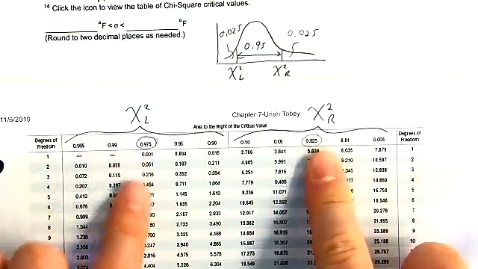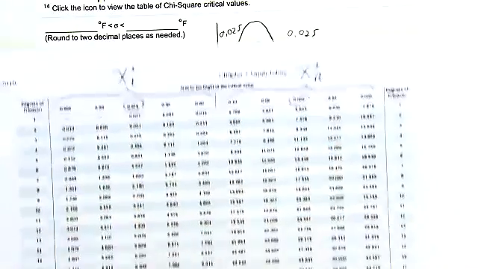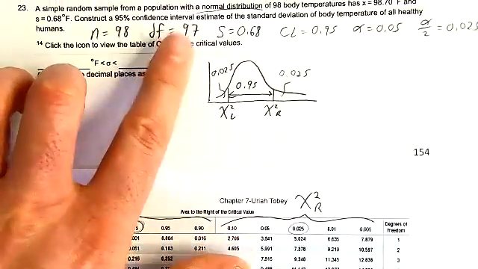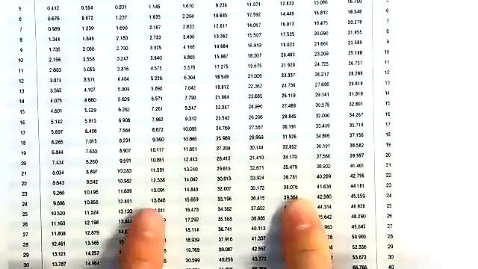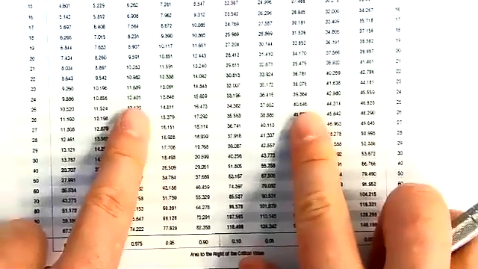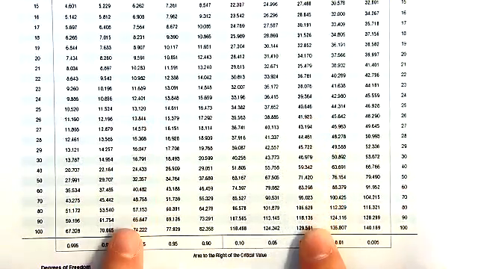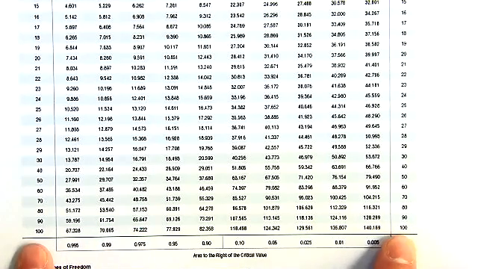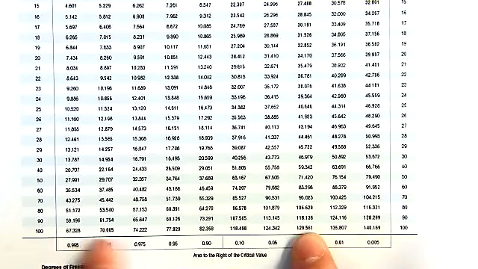Now we go down these middle columns until we hit a degree of freedom of 97, because our degrees of freedom was 97 here. And you notice it goes from 90 to 100. So for us, you're just going to pick the one closest to your number. We wanted 97. The table stops at 100. So let's just take the 100 values right in the middle.